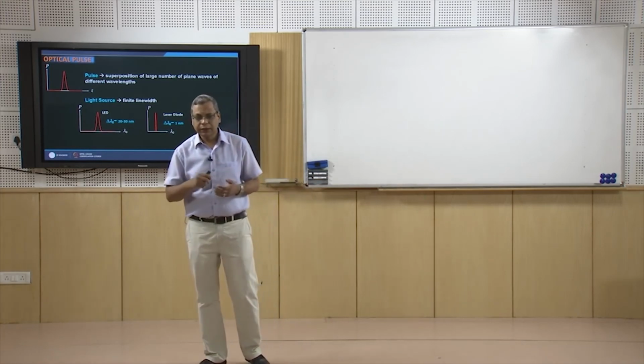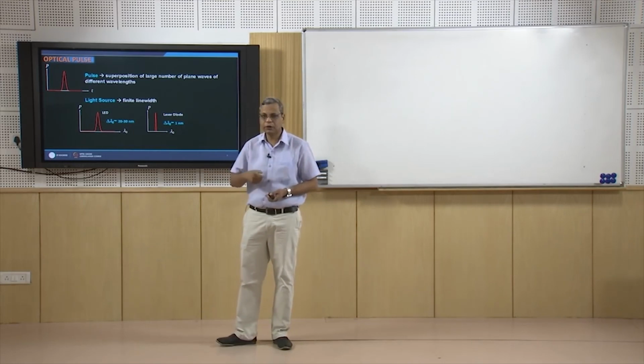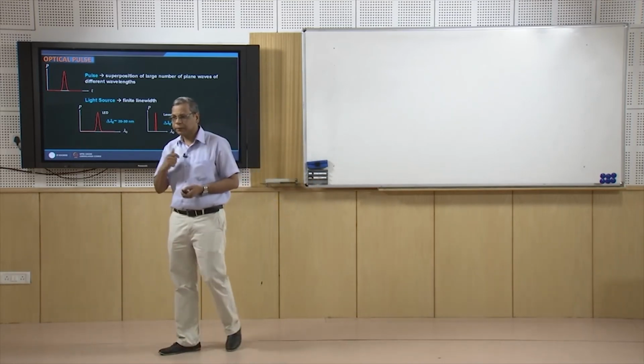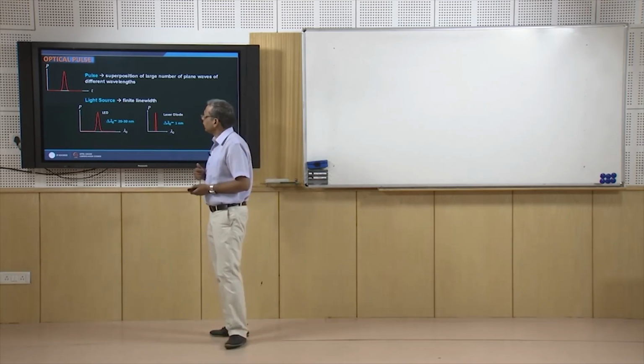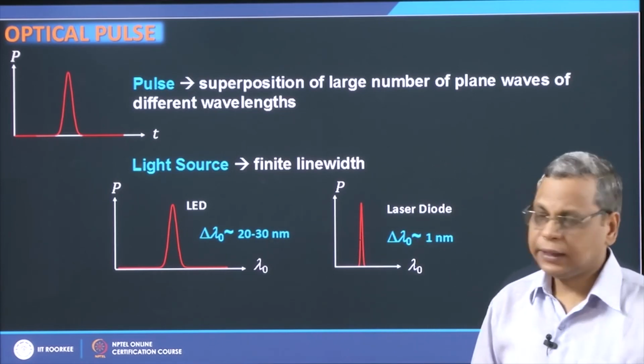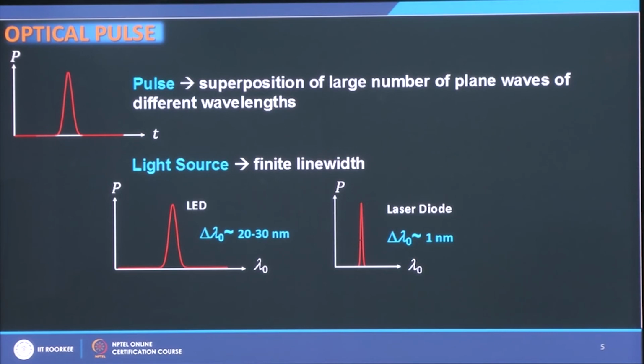I transmit data in the form of pulses, and when I switch on a laser and switch it off, I generate a pulse. As I will see a little later, this pulse is essentially a superposition of a large number of harmonic waves of different wavelengths or slightly different frequencies.